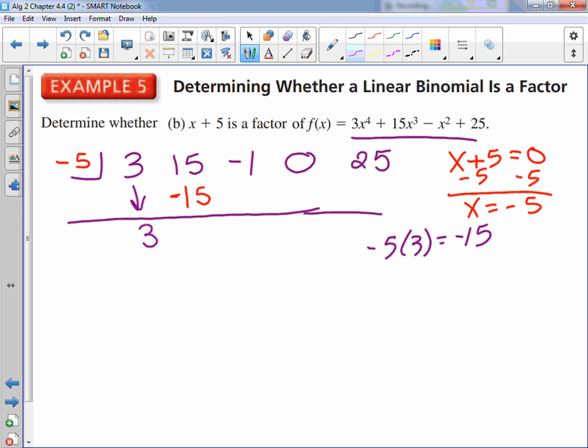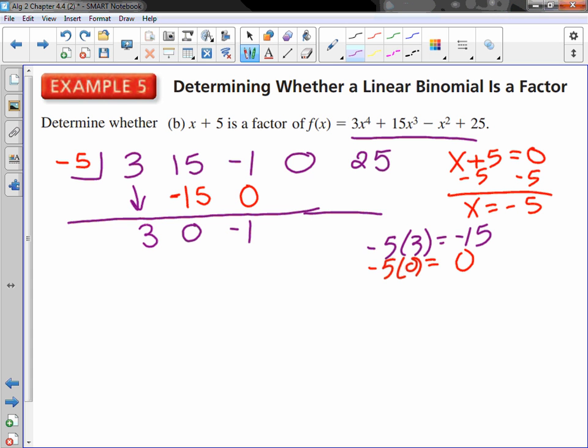Negative 15 plus 15 is 0. Negative 5 times 0 is 0. Negative 1 plus 0 is negative 1.